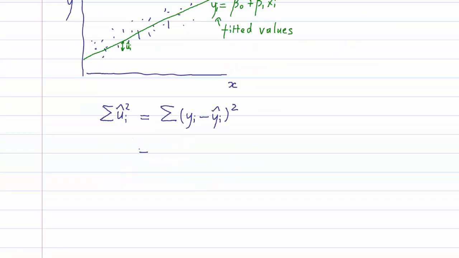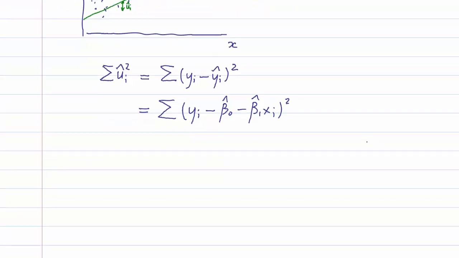I can rewrite this as the sum of the yi's minus, and we know that yi hat is beta 0 hat plus beta 1 hat xi. Everything is squared, and this is what we want to minimize. So let's call this sum of squared residuals, SSR.